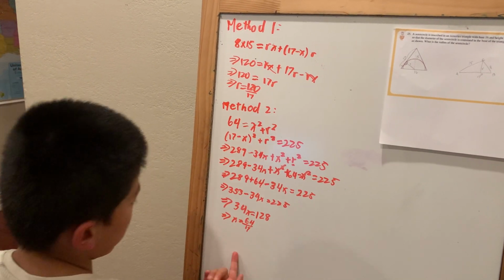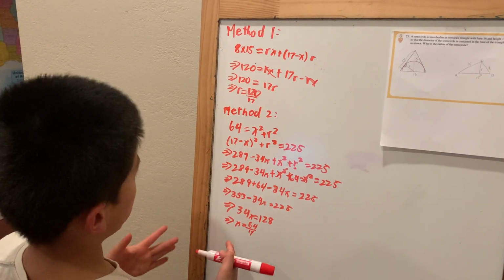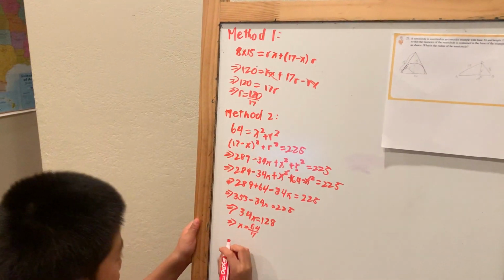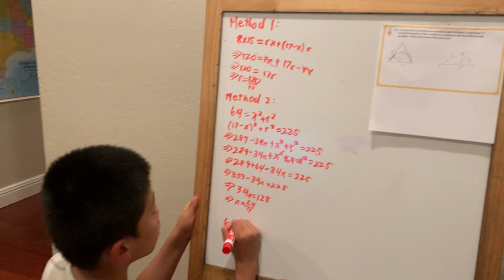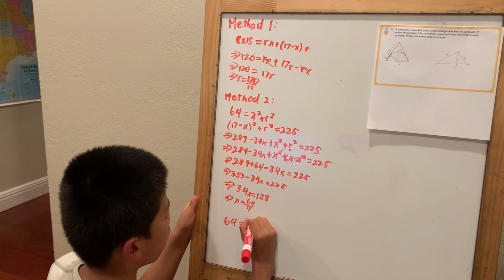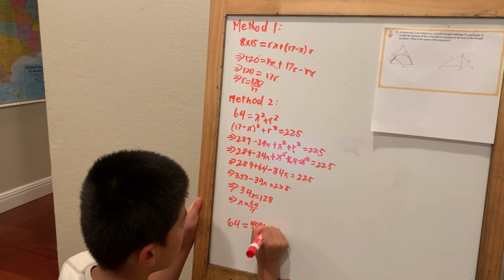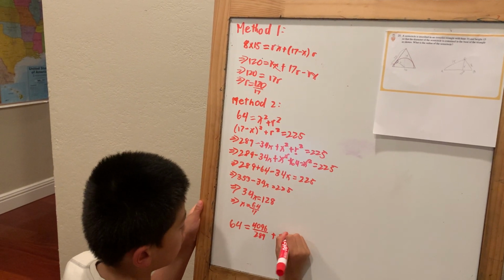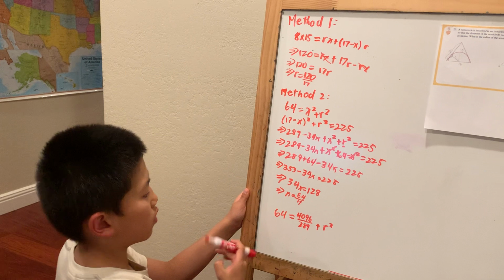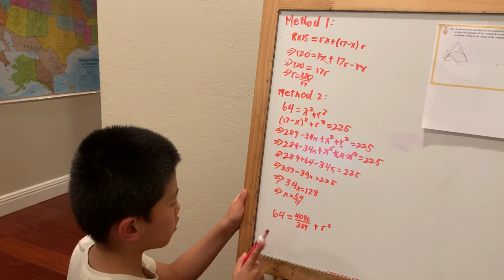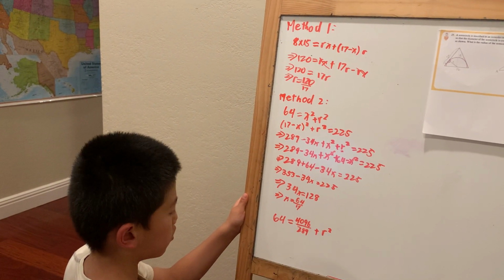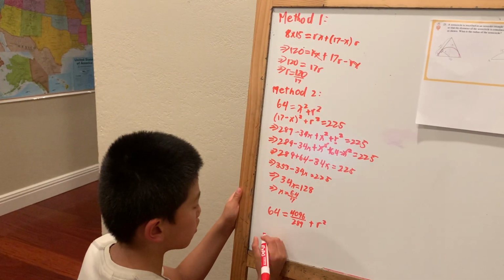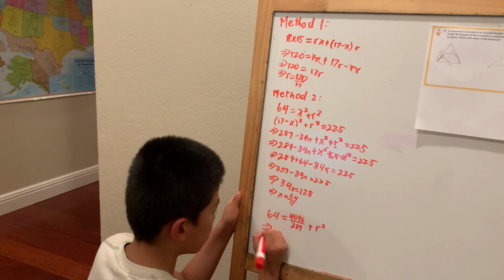So this is only x, and we're trying to solve for r, so if we plug x back into this equation, then we get that 64 equals 4,096 over 289 plus r squared, and we can convert 64 to an improper fraction that has a denominator of 289.